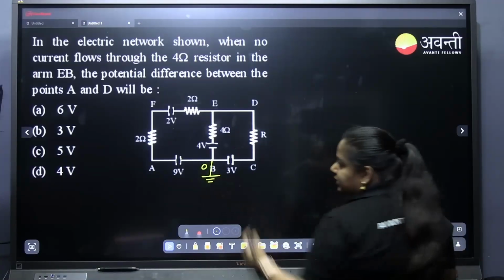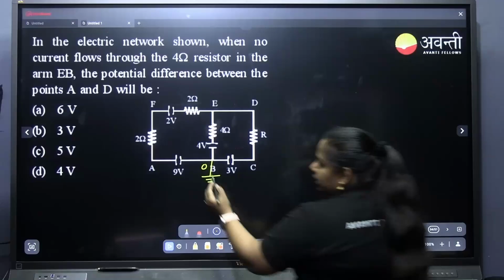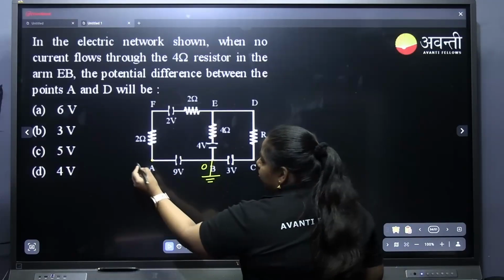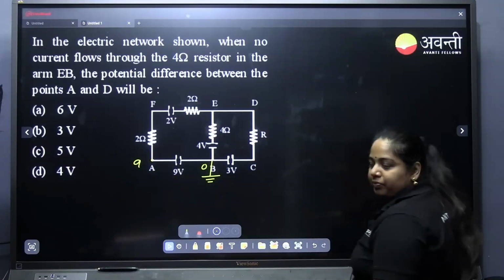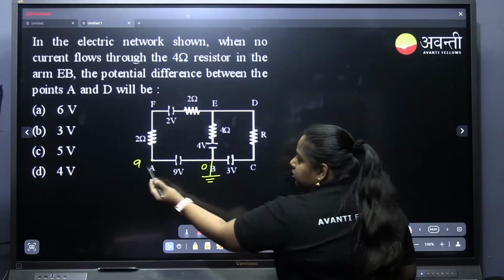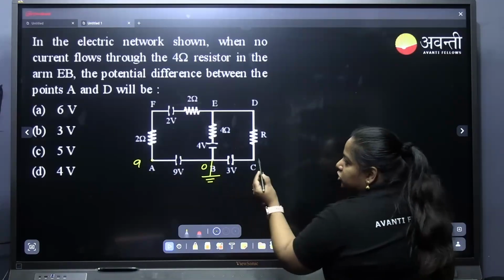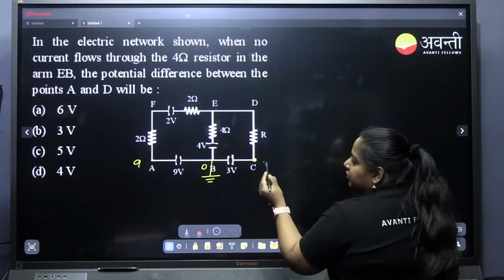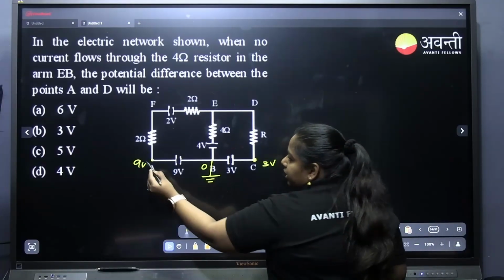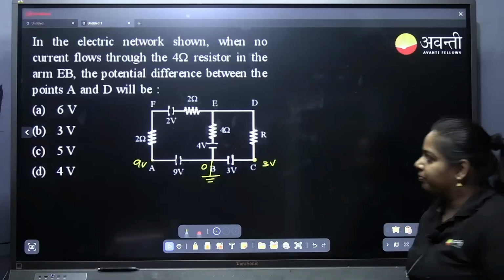Grounding means here the voltage is 0. So this place A will have voltage 9, because across this it should be 9 and across this it should be 3. Here the voltage will be 3 volt. A and C we got.